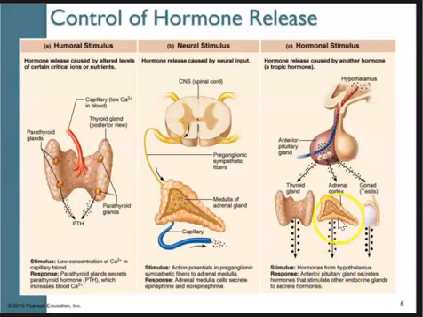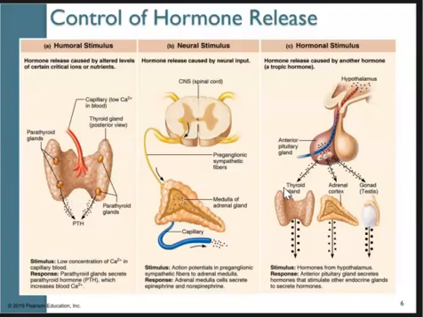So we'll be looking at a few. The one that's initially talked about here is TSH. So TSH stands for thyroid stimulating hormone. That's released from the anterior pituitary gland. It's going to influence our thyroid gland to produce thyroxine, T3 and T4.